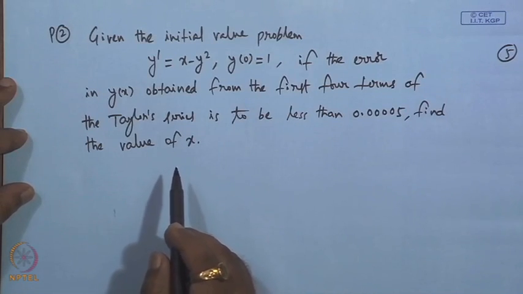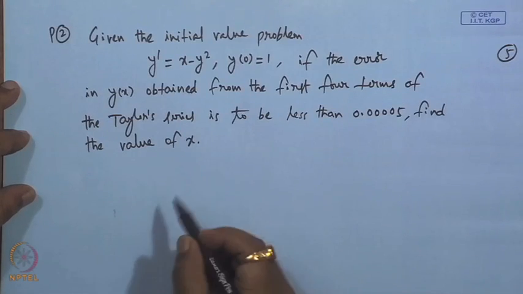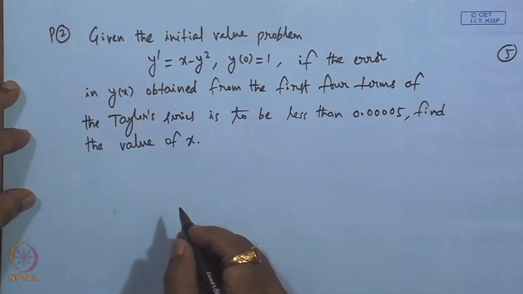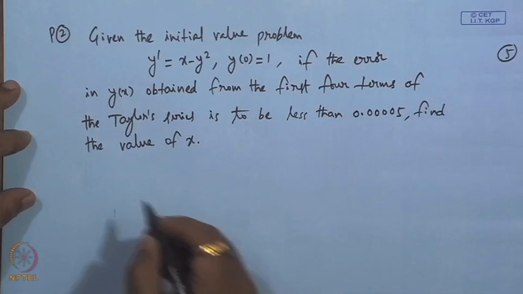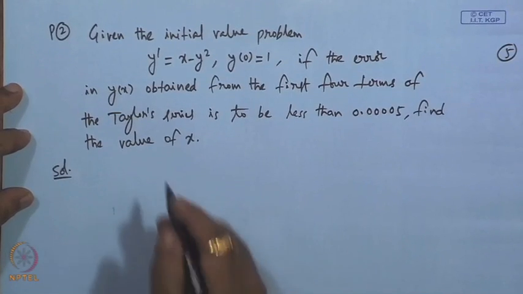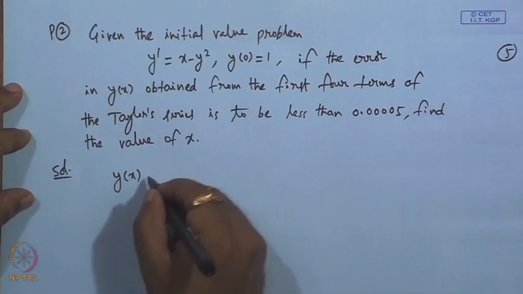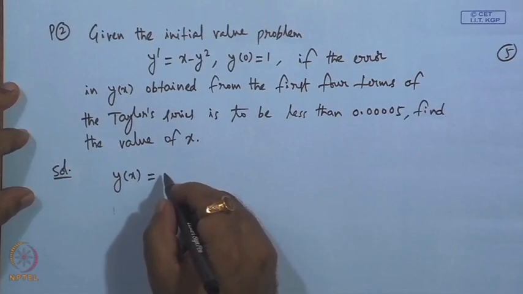First four terms means we have to compute up to y 4, that means y of x obtained from the first four terms.